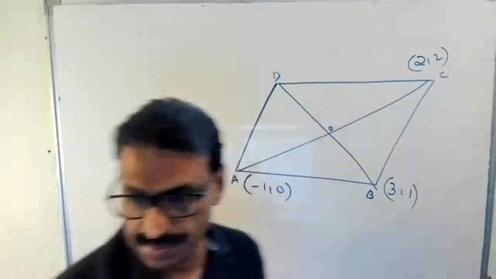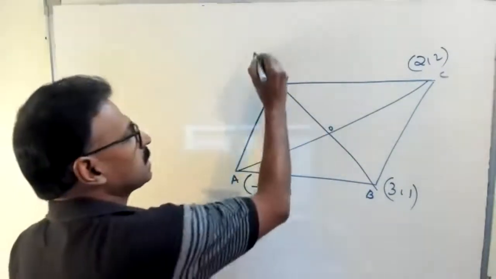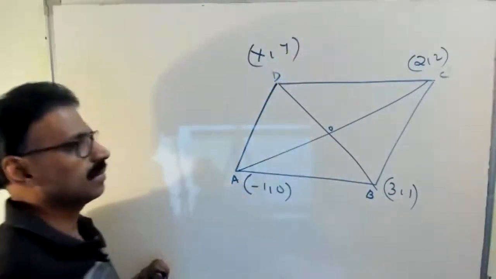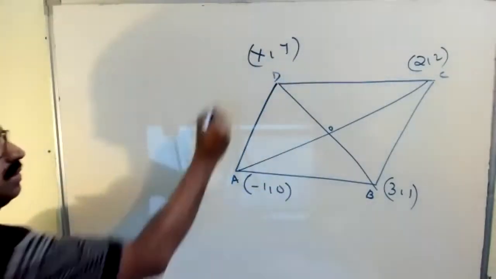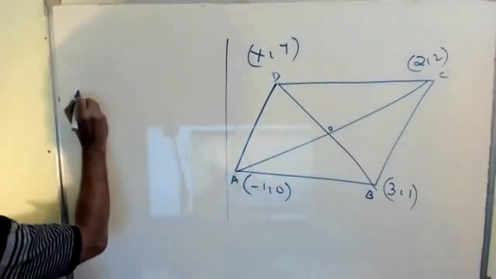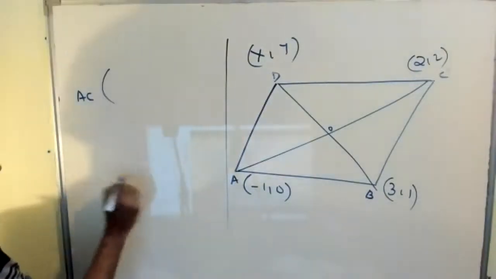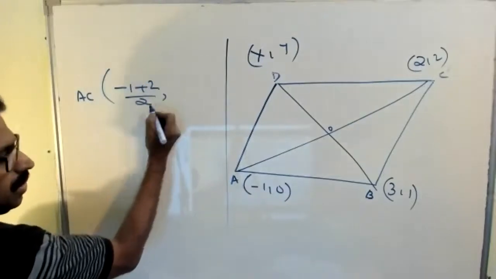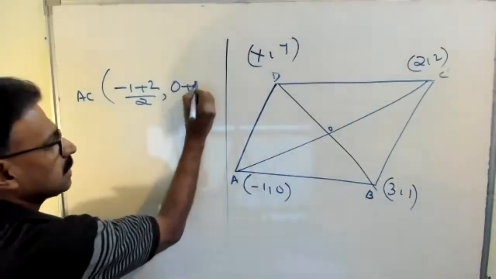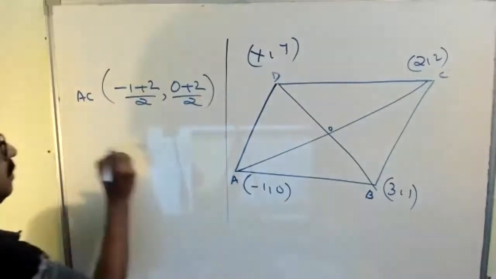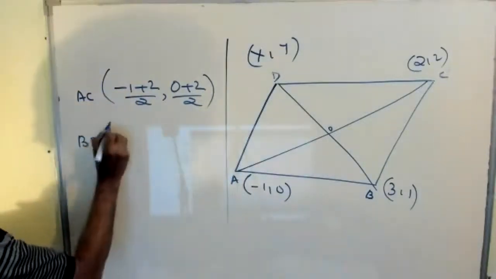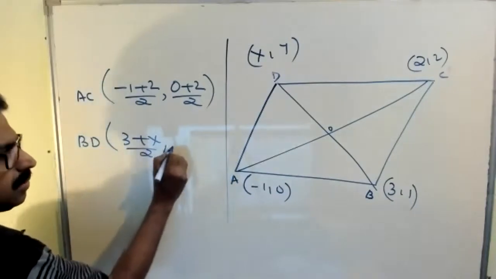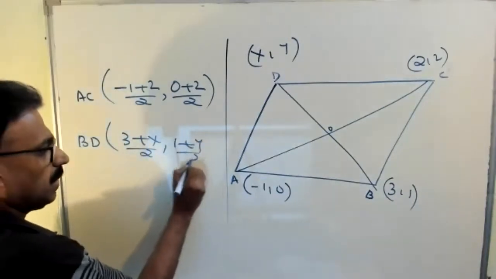Okay, look at here. This point is x comma y. The coordinates of midpoint of AC: -1 plus 2 by 2, comma, 0 plus 2 by 2. BD: 3 plus x by 2, 1 plus y by 2.